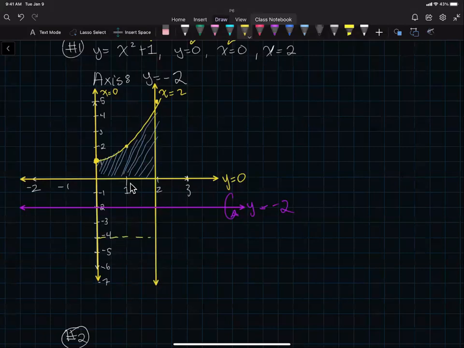And then here it's how many units away from my axis of rotation: 1, 2, 3, 4, 5, 6, 7. So it should look something like this, and it starts here.